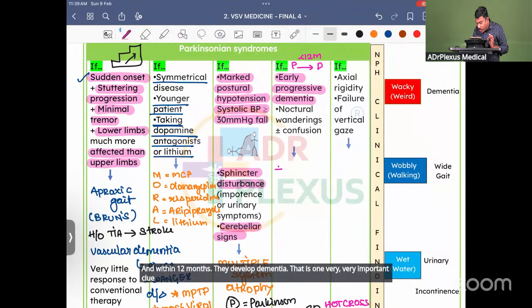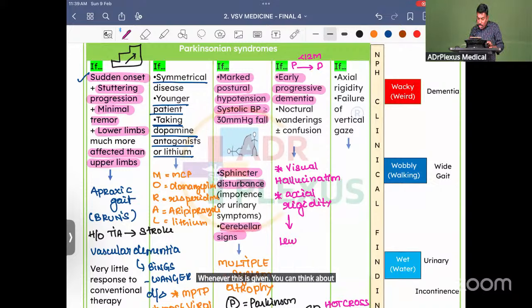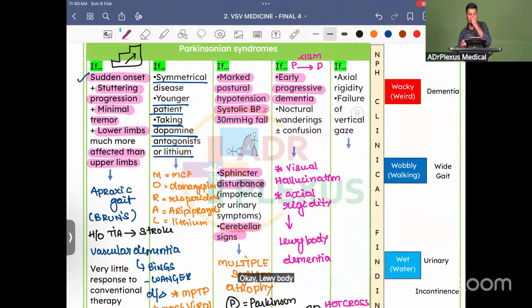Along with this clue, if visual hallucinations are present, or they give axial rigidity, whenever this is given, you can think about Lewy body dementia.